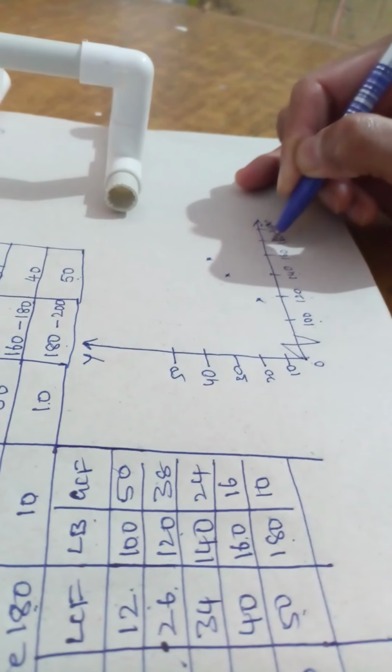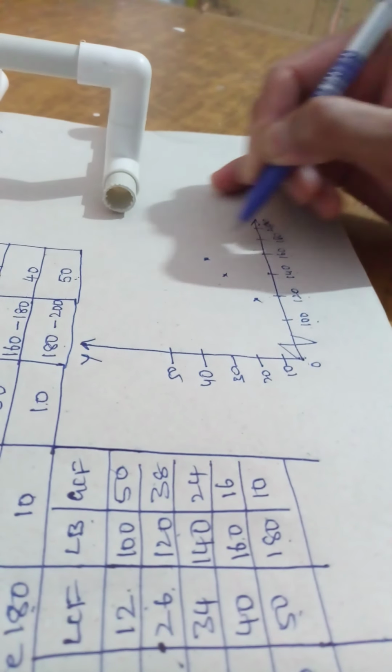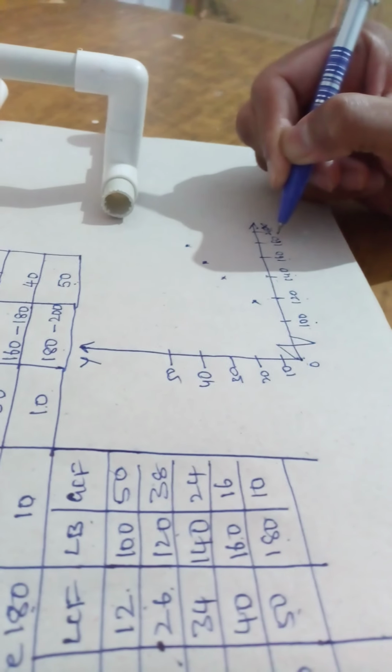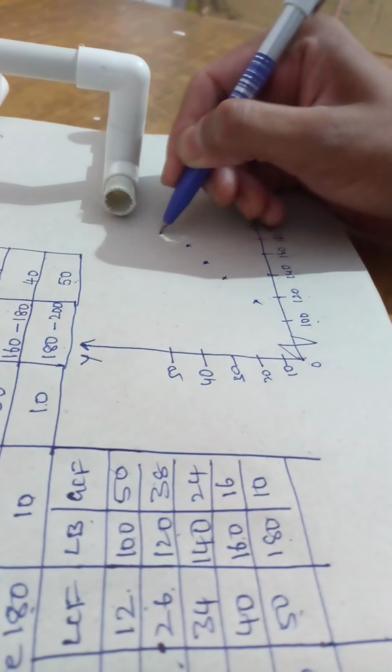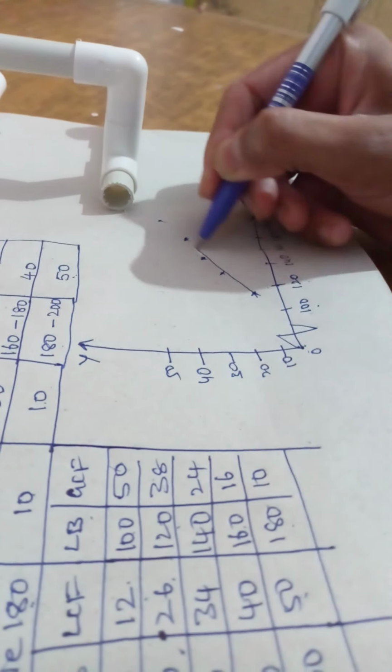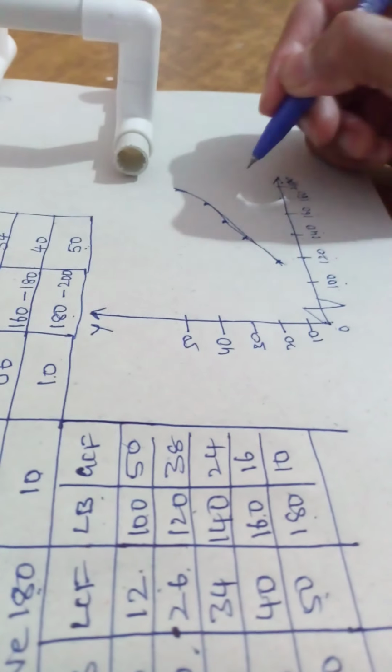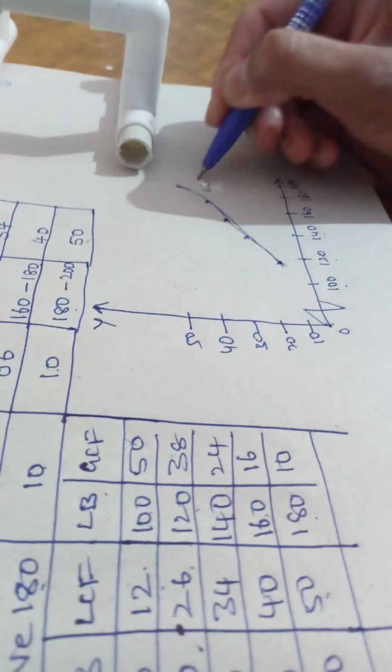And at 180, what is the value? It's 40, exactly. And at 200 it's 50, exactly. So I will join them. The graph will be like this. This is called the LCF.